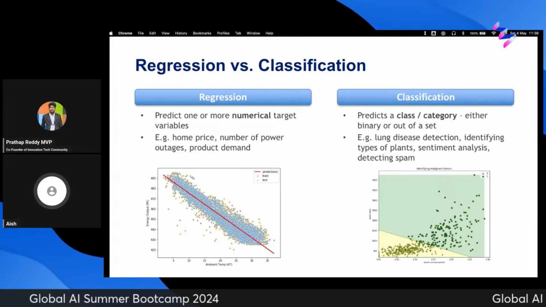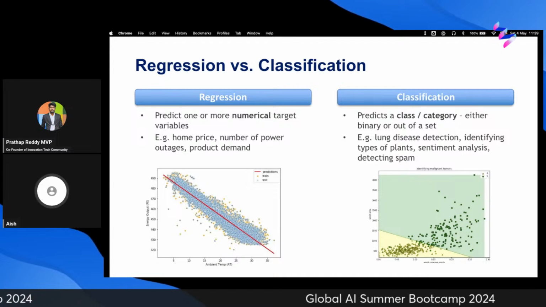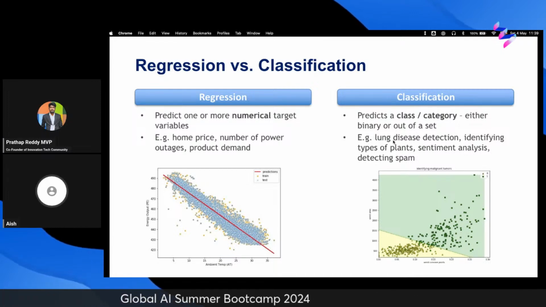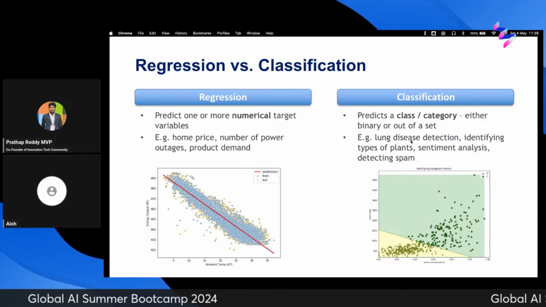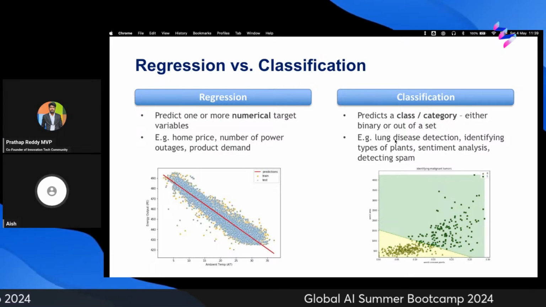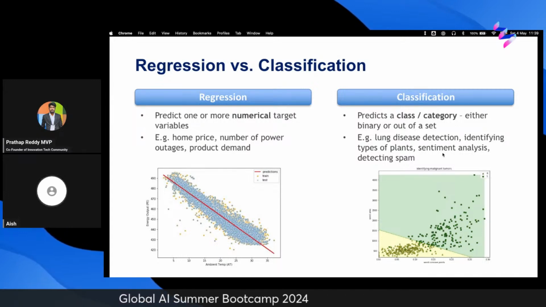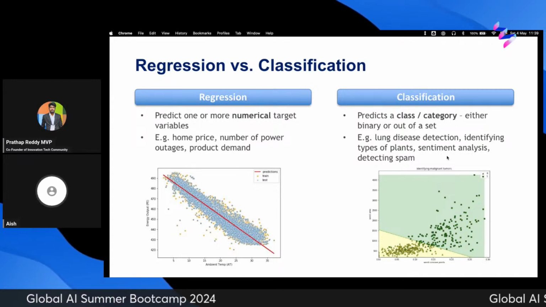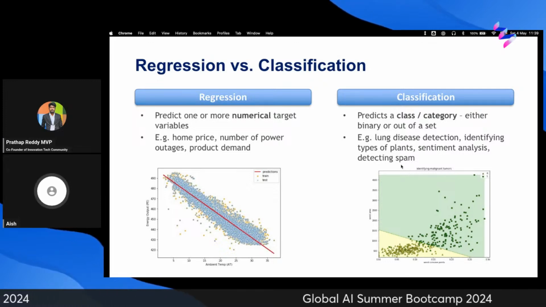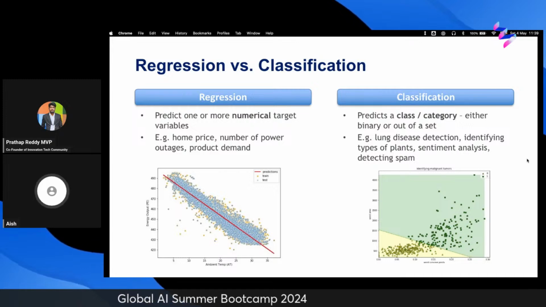And then you have classification, where you predict, for example, is this MRI sample of the lung pneumonia or cancer positive, or is it pneumonia or cancer negative? Or if I give you a collection of reviews on Amazon for a product, is this a happy review, where the user is happy, or is this an unhappy review, where the user is unhappy with you?